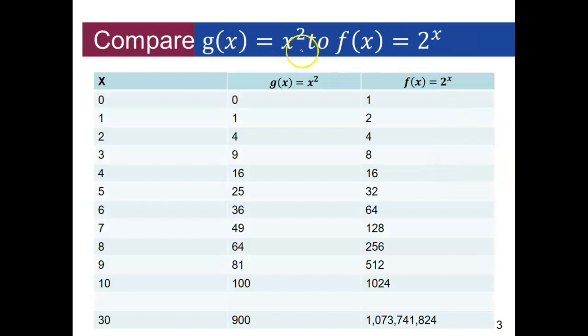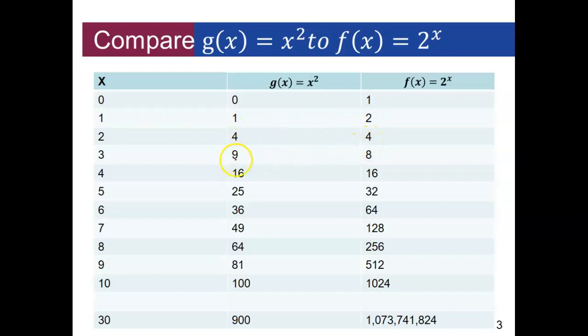Okay, just for comparison, we've talked about quadratics before, and now we're talking about exponential. So I wanted to compare these two and show you, when you start out at 0, the exponential function is a little bit bigger. And then when we go up to 1, it's still a little bit bigger. At 2, the quadratic is actually equal to the exponential.